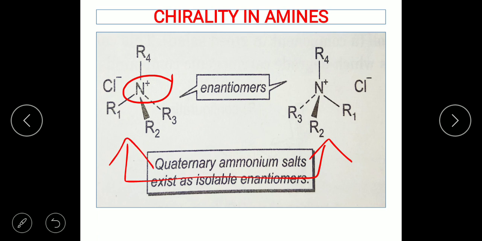Whether you want the R form or the S form, both can be isolated easily, because these do not undergo inversion. There is no amine inversion or umbrella inversion observed in this quaternary ammonium salt, because the lone pair has been taken up to form a bond with R4. So that is why these can form a pair of enantiomers.